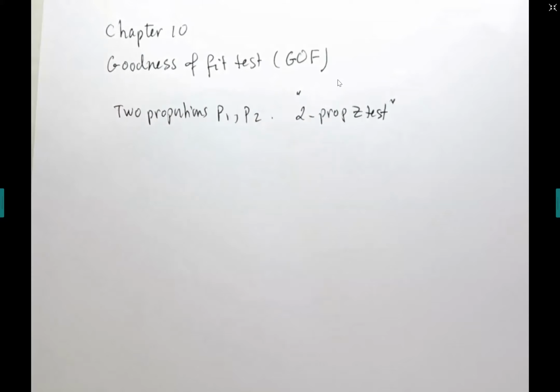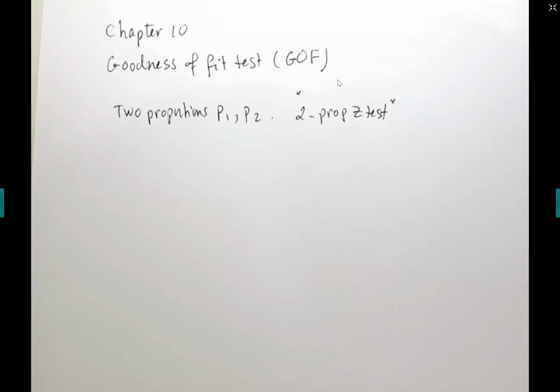You would state that P1 equals P2, or P1 not equal P2, P1 greater than P2, P1 less than P2. So if you have two samples, we can use a two proportion Z test. But what about if I have more than two proportions?